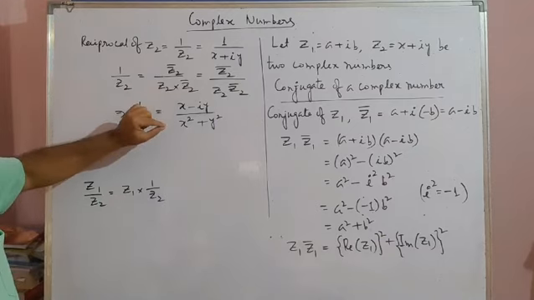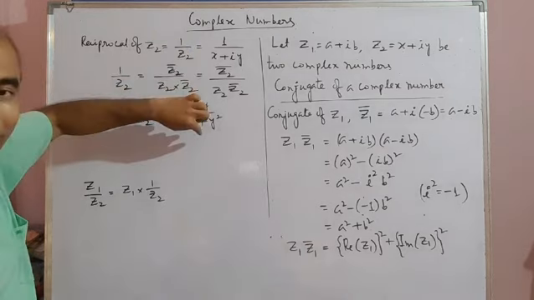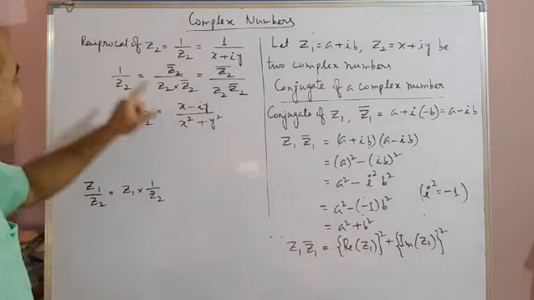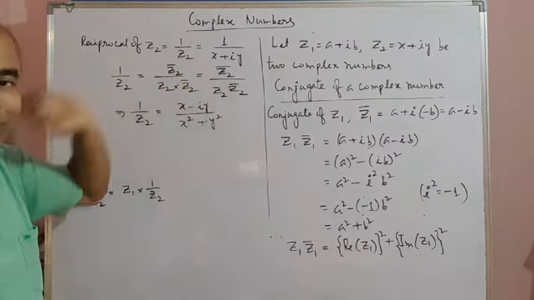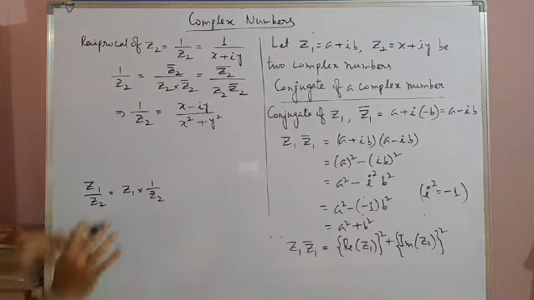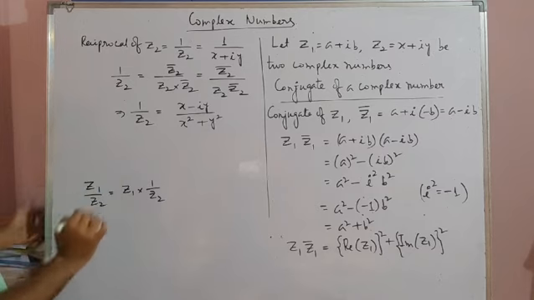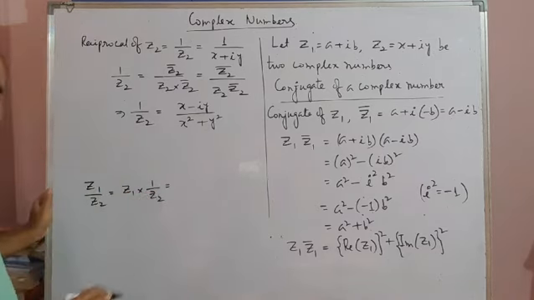It is the reciprocal of a complex number. The reciprocal of a complex number is what? In the numerator you write the conjugate of the complex number, in the denominator you write the sum of squares of its real and imaginary parts. Or 1 by z2 is the conjugate of z2 divided by z2 into conjugate of z2. Now when I am going to divide z1 by z2, the answer is z1 into 1 by z2.